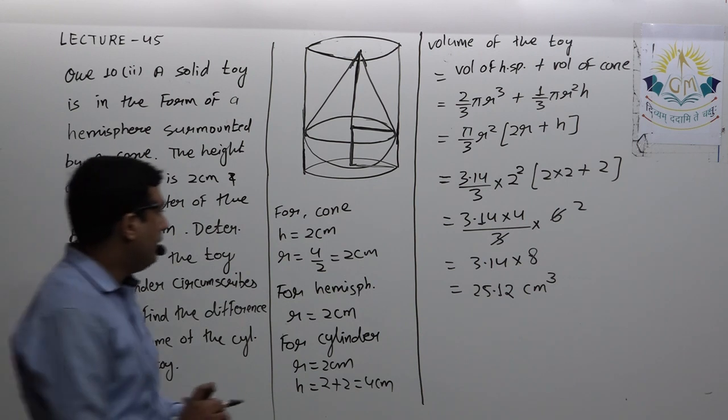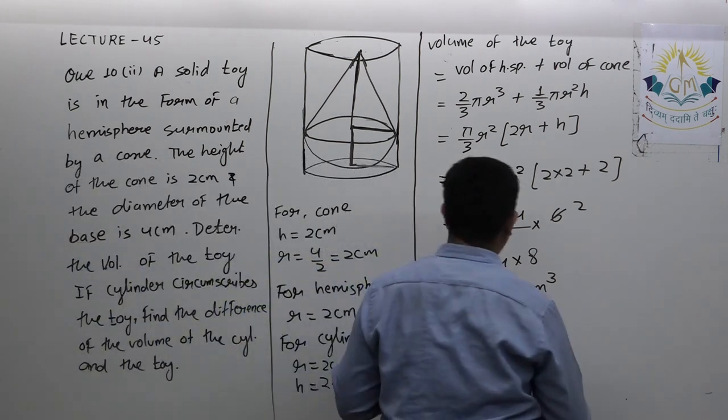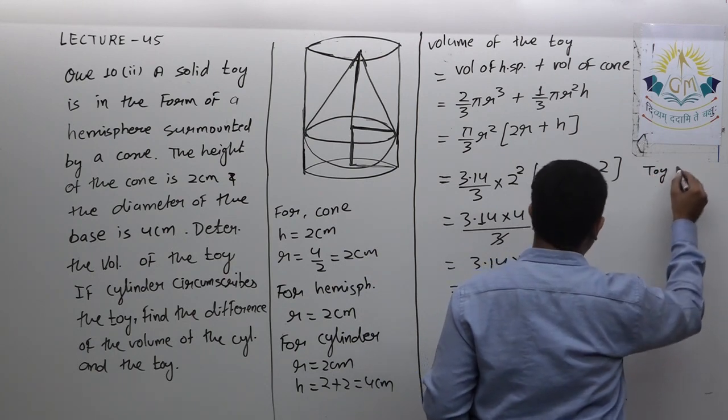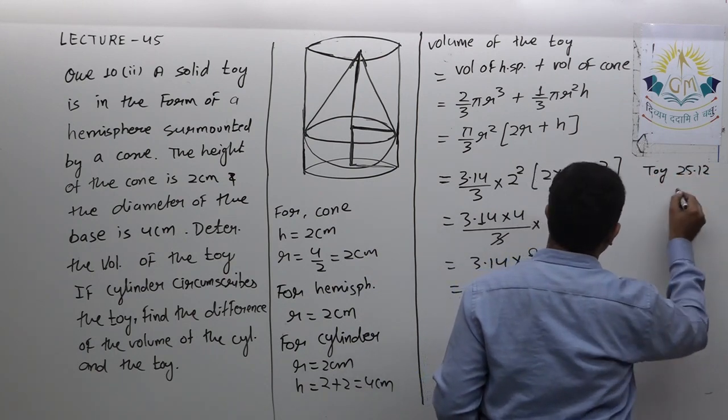Okay, now we'll see. Here I'm writing volume of toy. That is 25.12 centimeter cube.